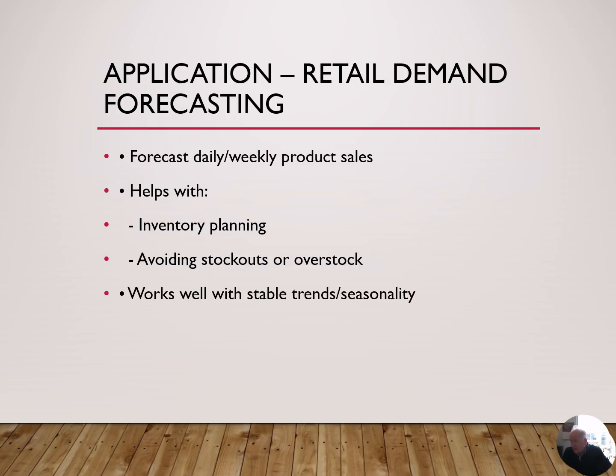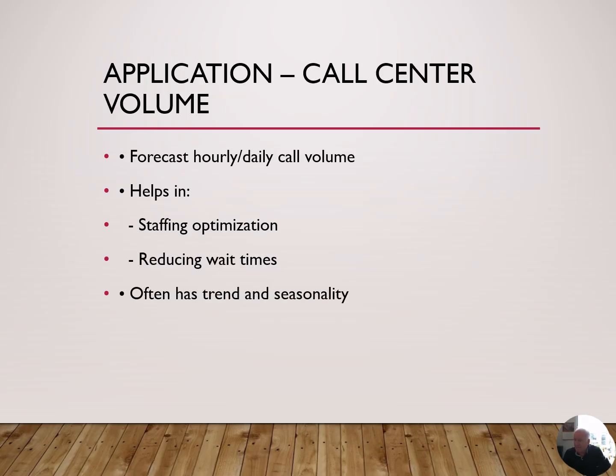So for example, a good application is retail demand forecasting, so forecasting daily and weekly product sales, and it helps with inventory planning and avoiding stockouts or overstocks, and it works well with stable trends and seasonality. Or call center volume, so it can forecast hourly and daily call volume.